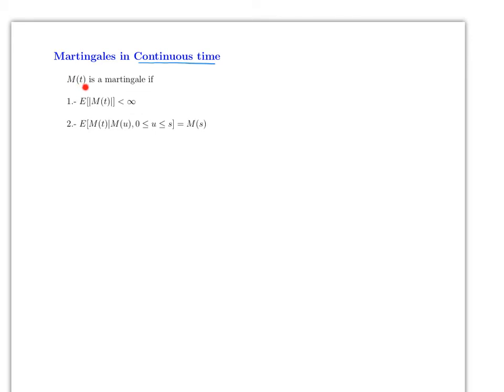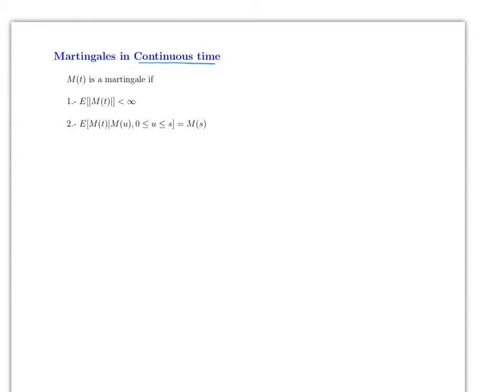So M_t, a continuous random process, is a martingale if the expected value of the absolute value of the process is finite, which was the same as before, and if the expected value of M(t) given the previous information M(u), u up to s, is equal to M(s).